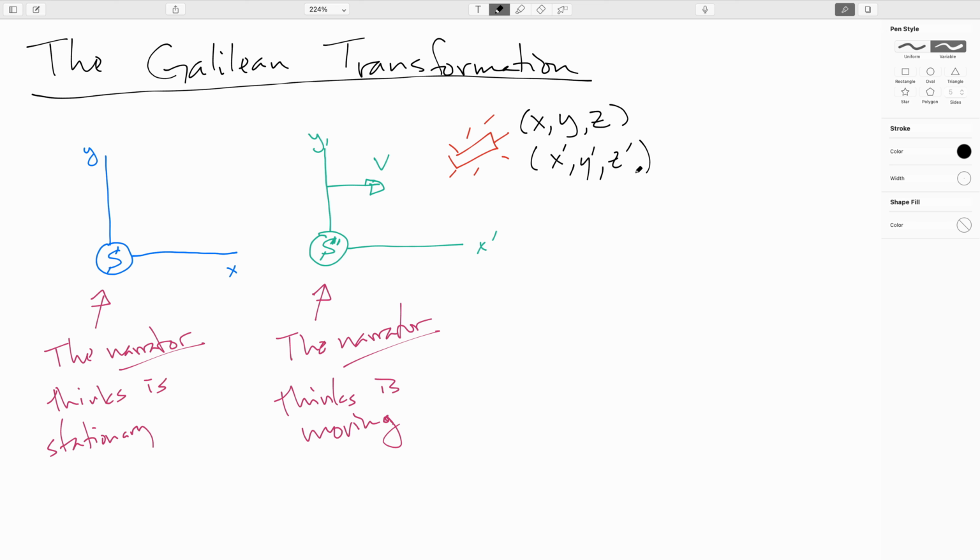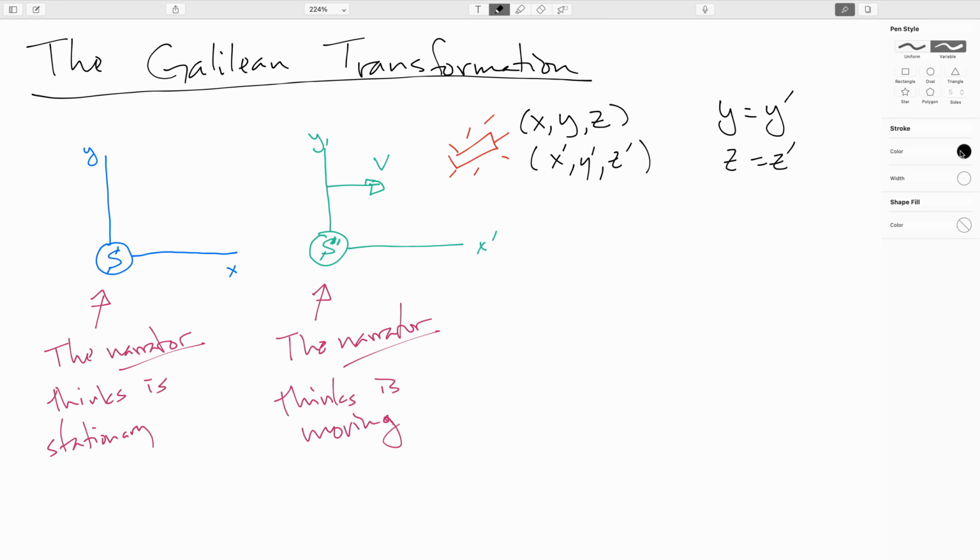Now, one thing that we can do without losing our sanity is we can just align our x-axes in the direction of motion, in the direction that S prime is moving and going through S prime's origin like this. So by doing that, then at least both observers in the Galilean transformation will agree on the Y and Z coordinates.